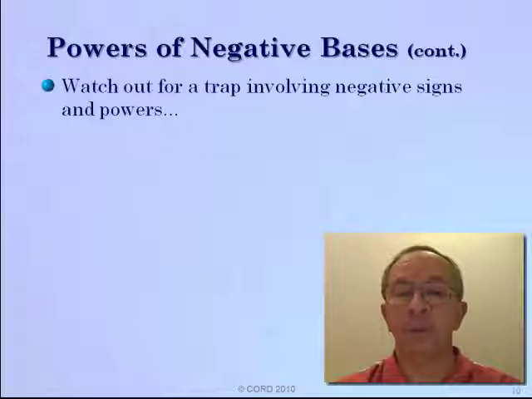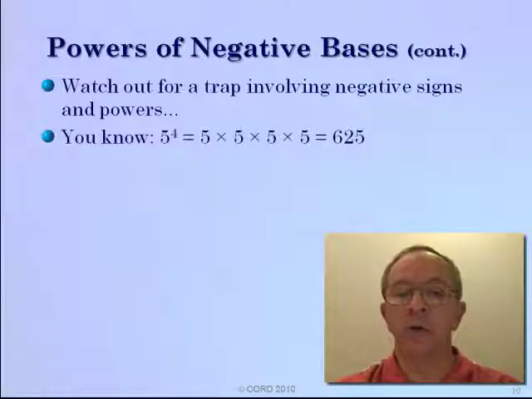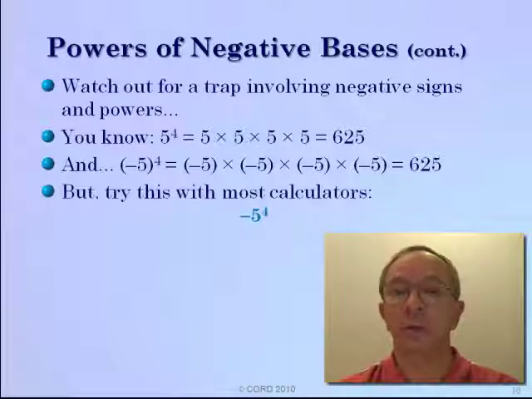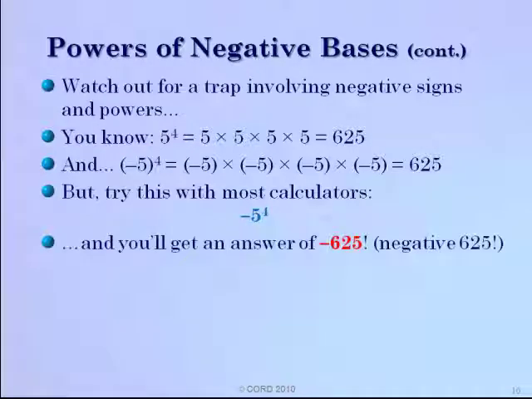Now there's a trap you have to watch out for when you're using your calculator. You know that 5 to the 4th is going to be positive 625, right? And (-5) to the 4th will also be positive 625. But try this with most calculators, -5 to the 4th power, and you'll get an answer of -625.